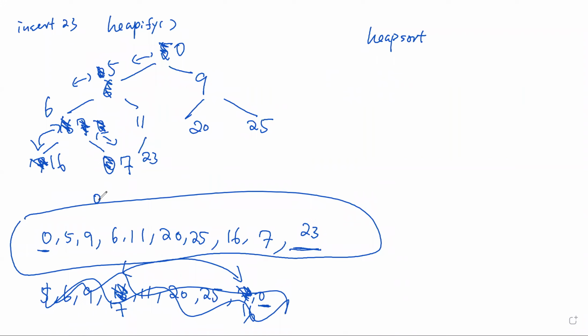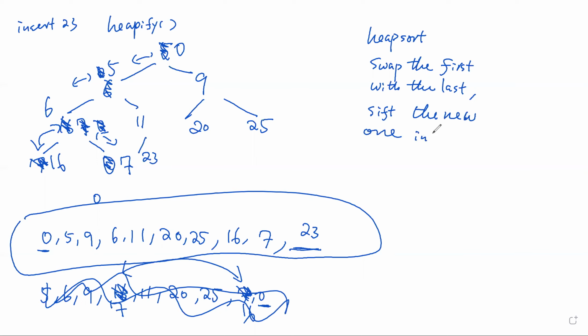So we get 0 out, and the algorithm says to swap the first with the last, and then sift the new first one into its position.